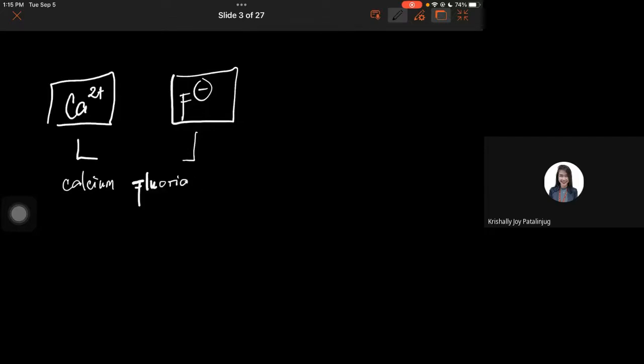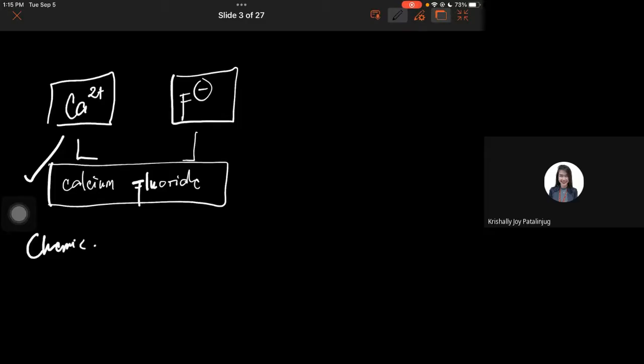Now let's say this is the given name of the compound and you are asked to write the chemical formula of this ionic compound. You just have to extract the ion form of calcium and the ion form of fluoride.